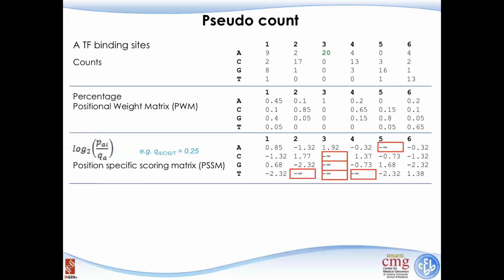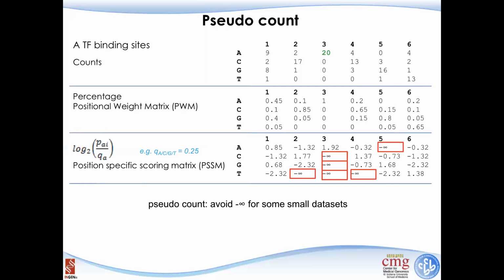Now, what can we do to avoid such a case, especially in a small data set, where we can always find zeros here? We need to put the pseudo count there. What's pseudo count? For example, here we have 20 sequences, but we know the random frequency is 0.25.